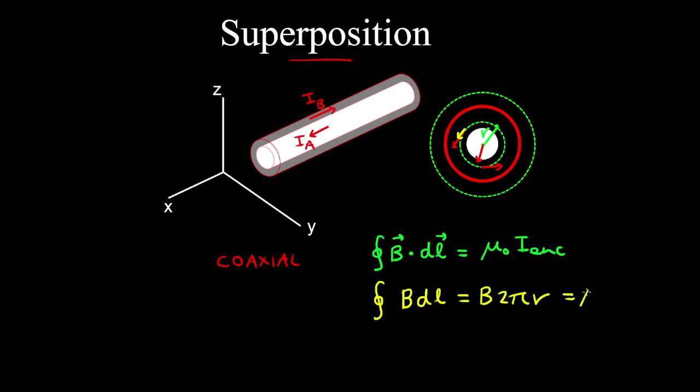And that's equal to mu naught by the current enclosed in this loop, which is IA. And therefore the magnetic field is equal to mu naught by IA on 2 pi r, where r is less than the radius of the outer cylindrical shell, which we'll denote RO.